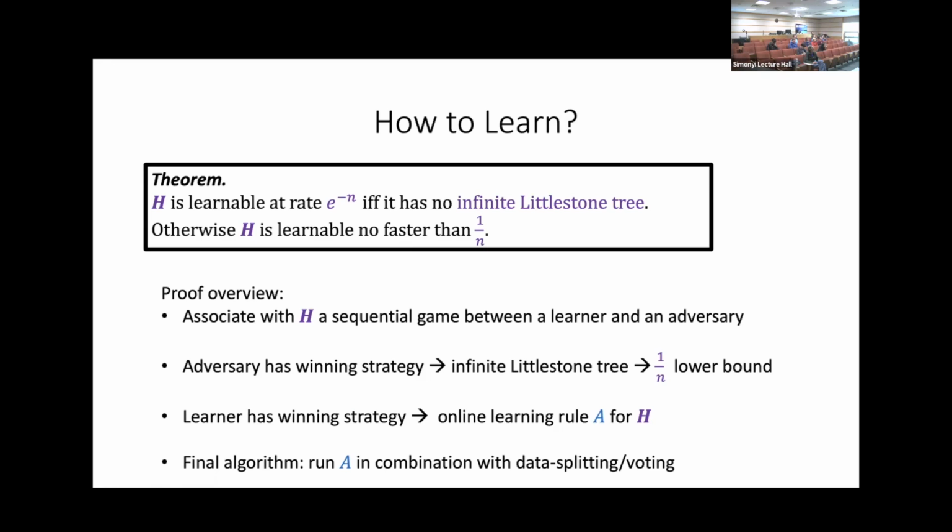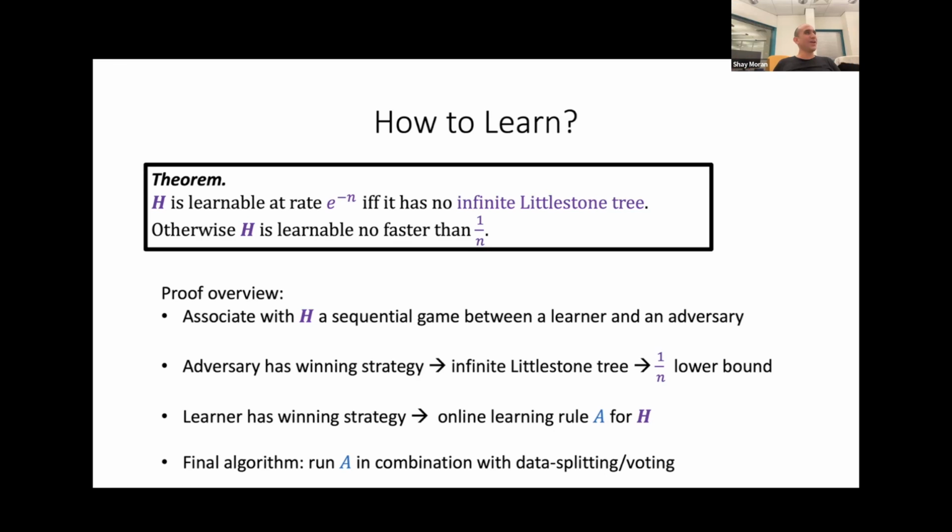How does H influence the definition of the game? Okay, the game actually is very simple. Let me define the game. We have H. Let's say that you are the adversary, and I'm the learner.